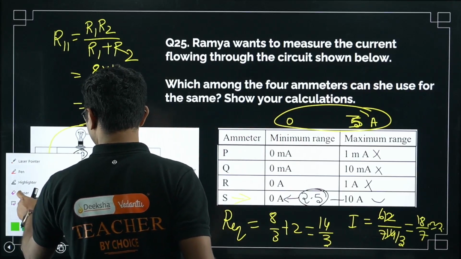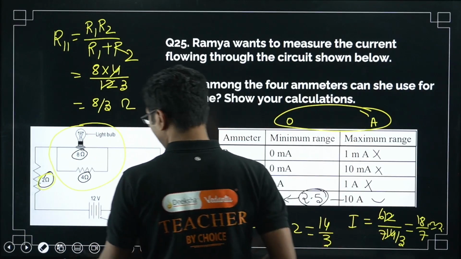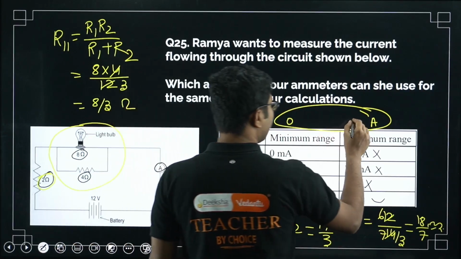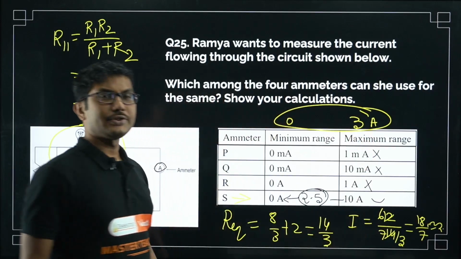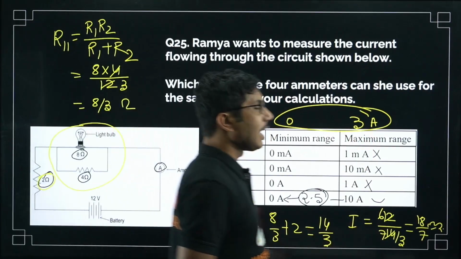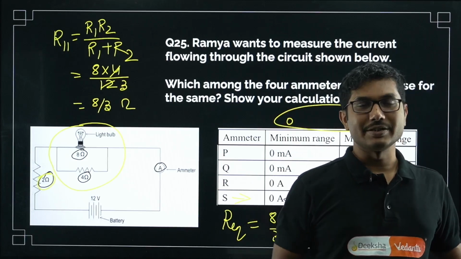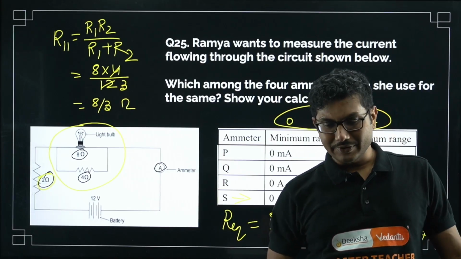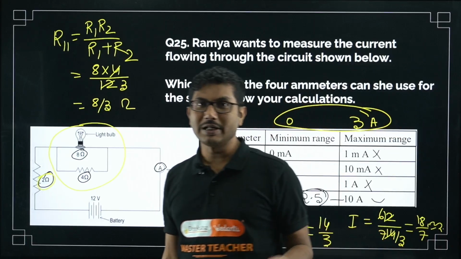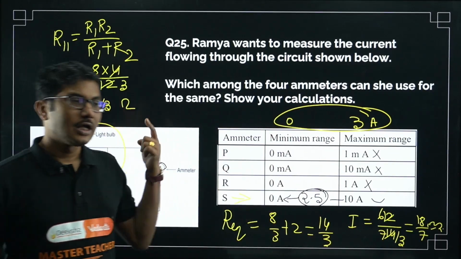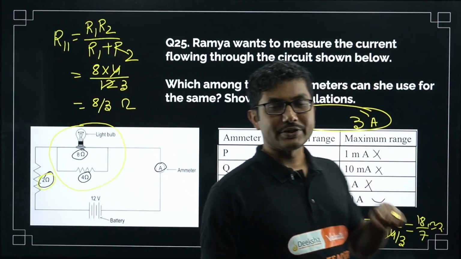Why? Because your current is more or less 2.58, you know that, right? So you want to use some ammeter which is between that range, right? And now there is a device called multimeter where you can switch the ranges. Okay, based on your sensitivity and requirement, you can change it to milliampere, you can change it to ampere, you can change the range to 10 ampere, you can change it to 1 ampere.